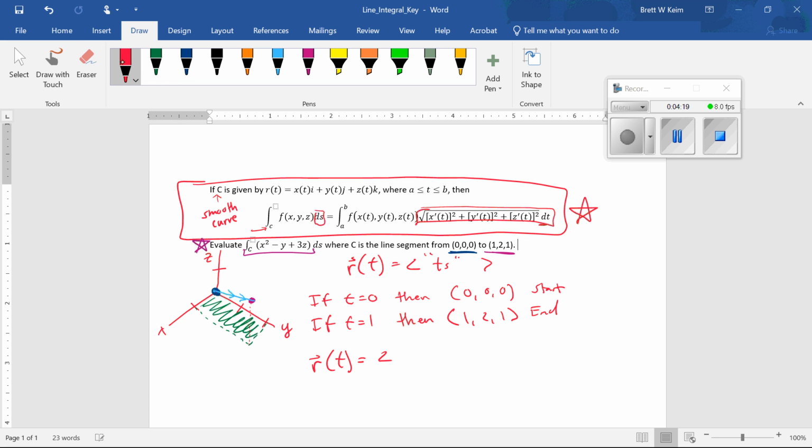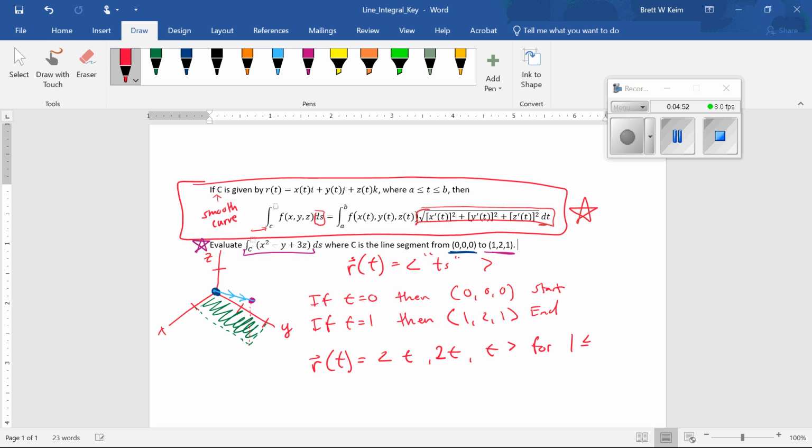If I want t to be 0 and I need 0, 0, 0, well, if I just had all these t's, I would get that. But the issue comes up down here. If t equals 1, I'm going to end up getting 1, 1, 1. I don't want that. I want 1, 2, 1. Oh, okay, well, maybe I need just a 2 in here. And then I would have it. Of course, this is 4.